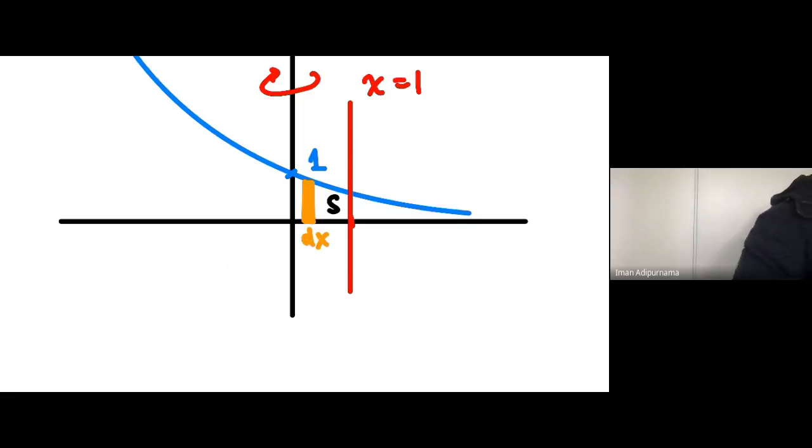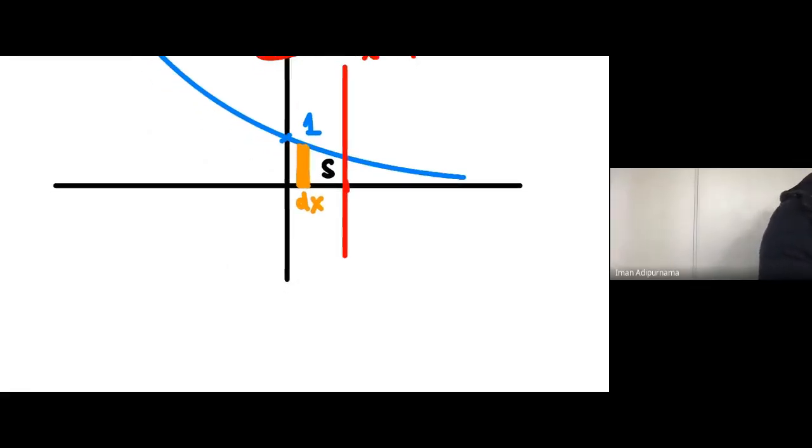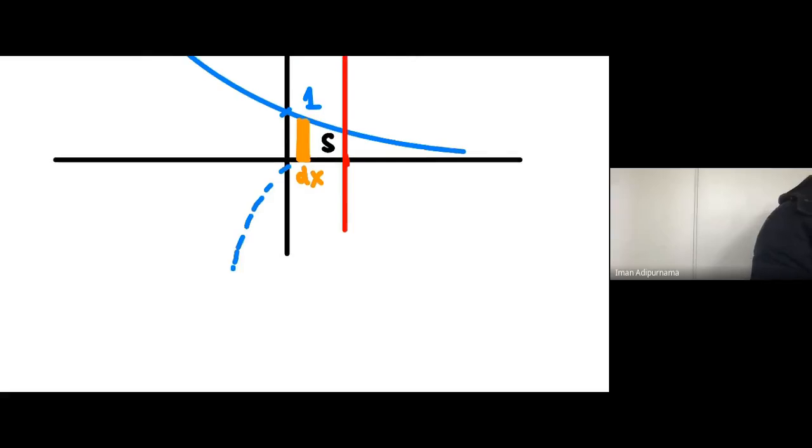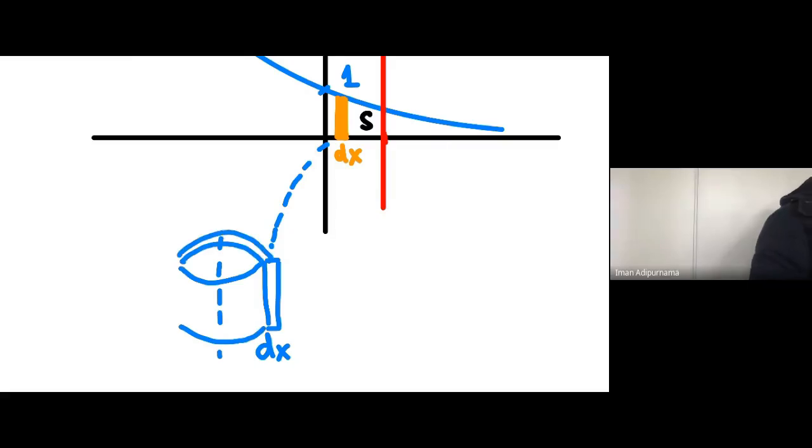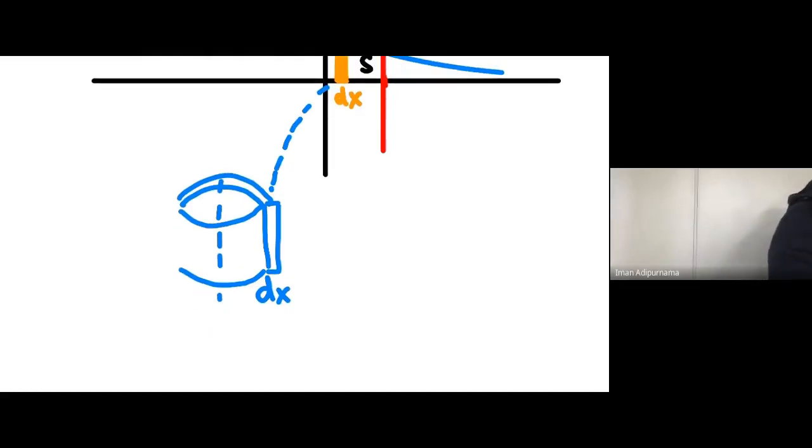This is the x. Let me zoom in so you can see this is x, and it will be rotating like that. Now the radius of this circle is just x, right?